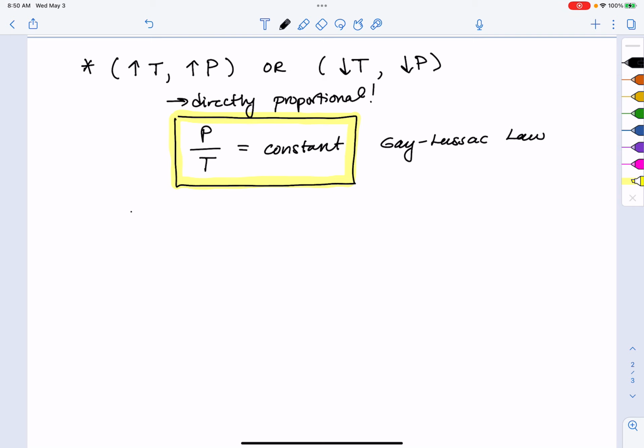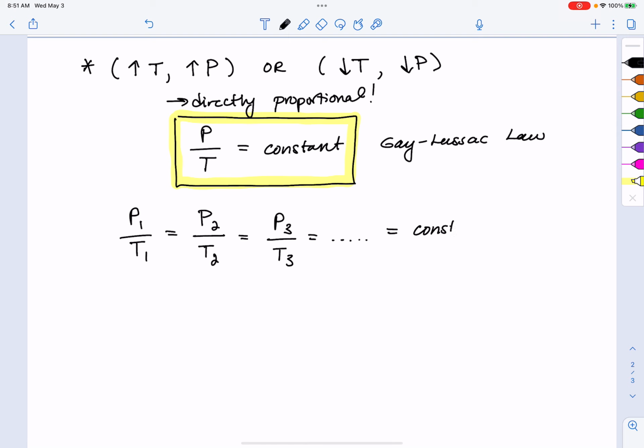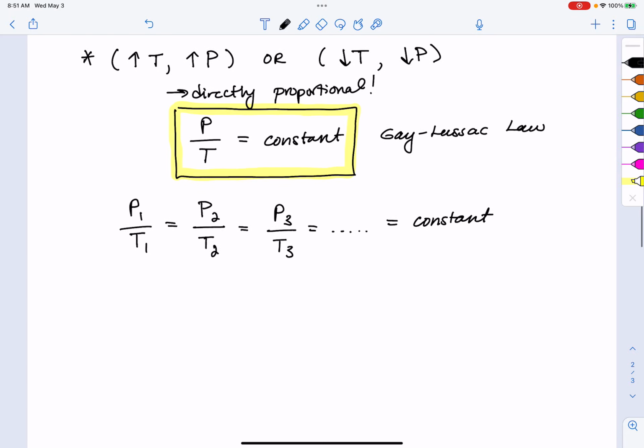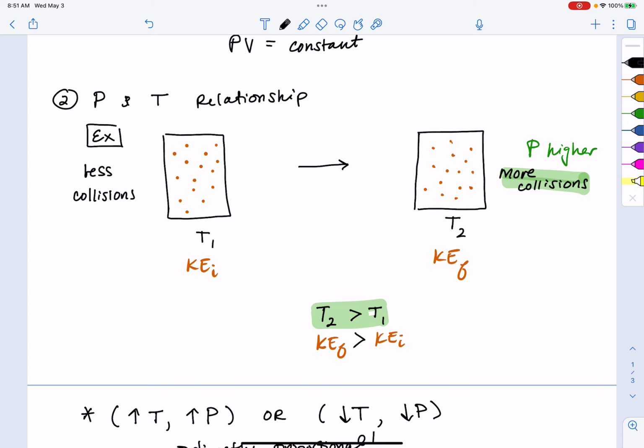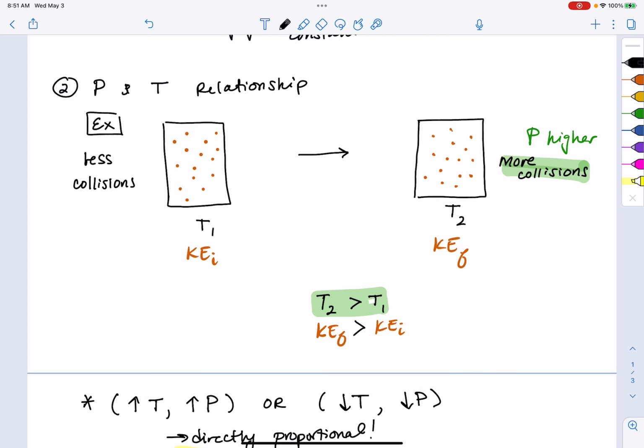But what this means is that if I've got pressure at some initial condition and a temperature at some initial condition, then that has to be equal to a new pressure over that new temperature, which is equal to some other pressure over some other temperature, and so on, because these are all equal to the same constant, the proportionality constant that relates pressure and temperature. So that's one of our pressure relationships, pressure and temperature.